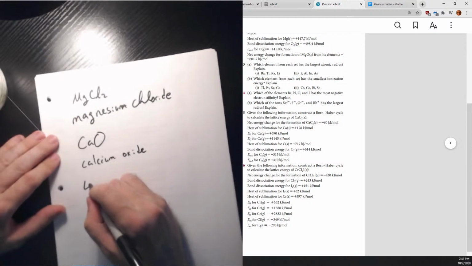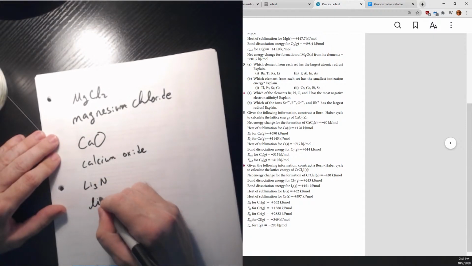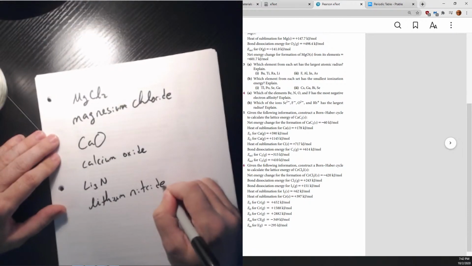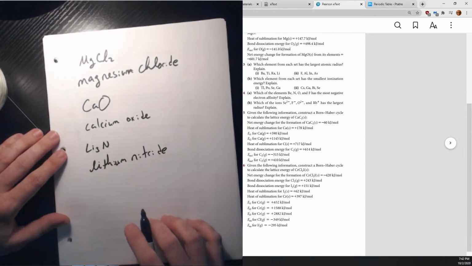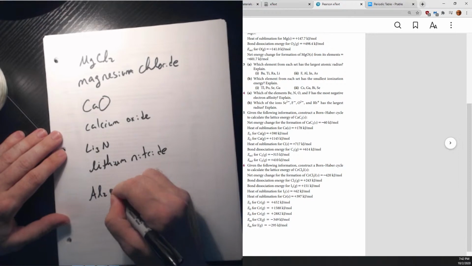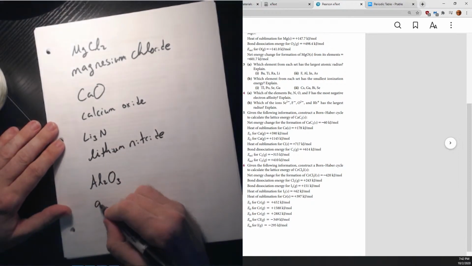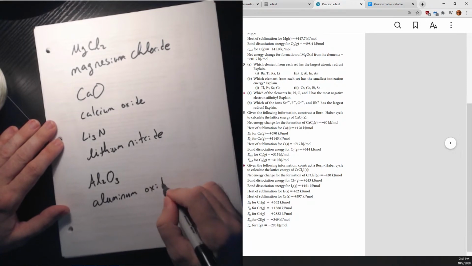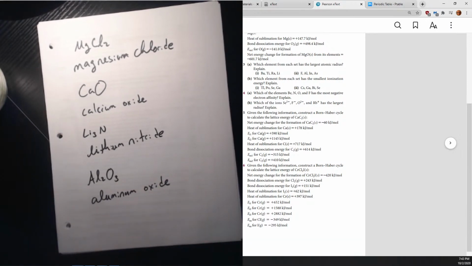Lithium and nitrogen is going to be Li3N, lithium nitride. Aluminum and oxygen is Al2O3, aluminum oxide. Or if you are European, aluminium.